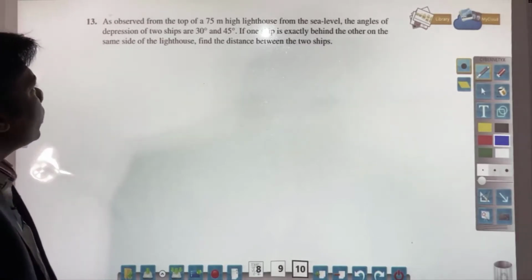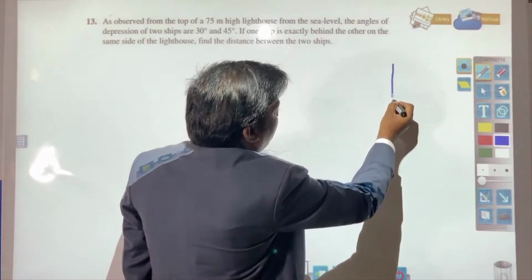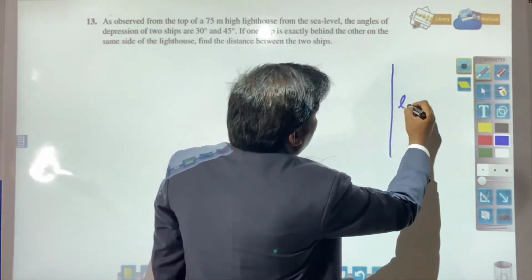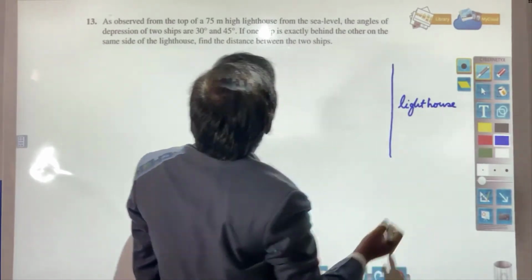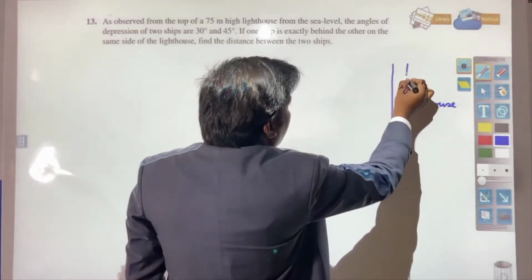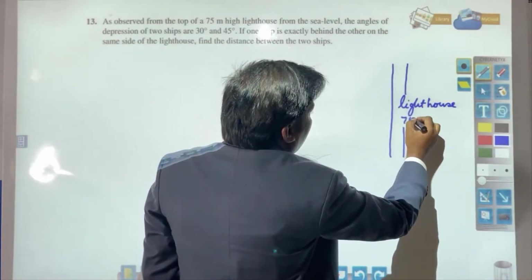As observed from the top of a 75-meter lighthouse. So suppose this is your lighthouse. And the height of the lighthouse has been given, that is 75 meter.